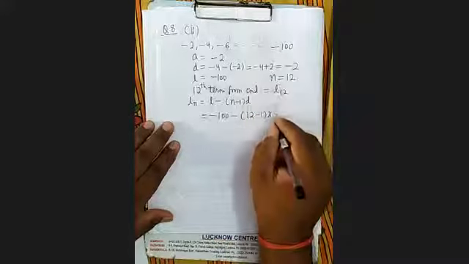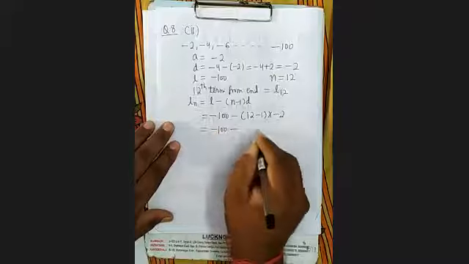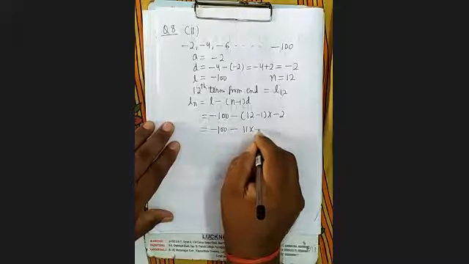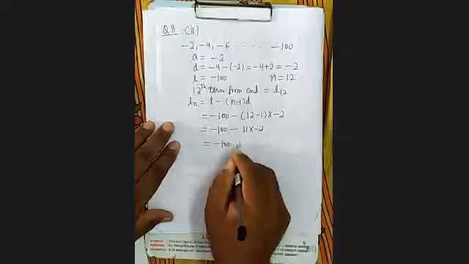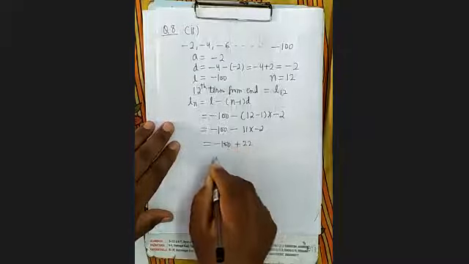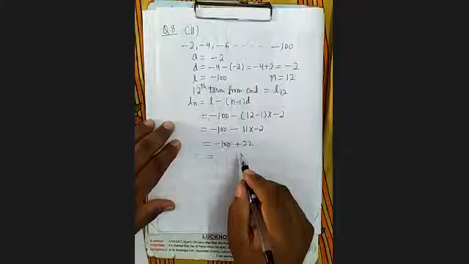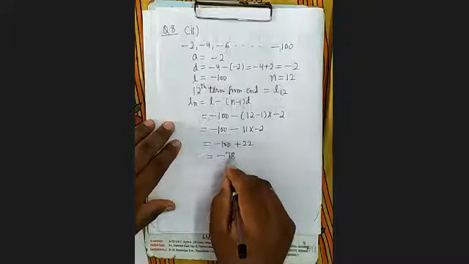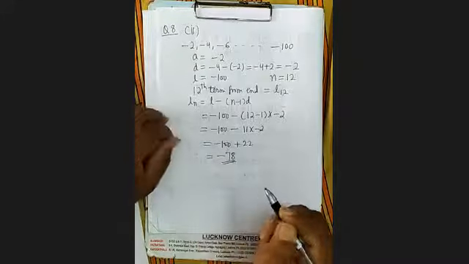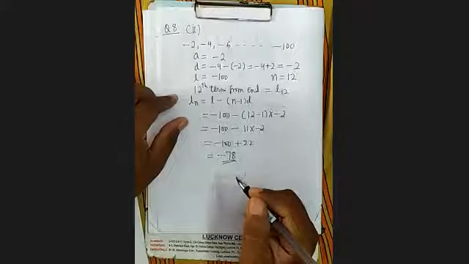D is minus 2. So minus 100 minus (11 into minus 2), minus minus plus, so it will be minus 100 plus 22, minus 78.